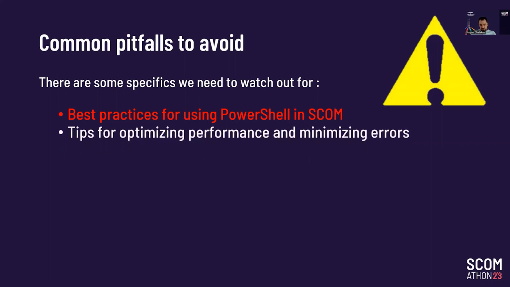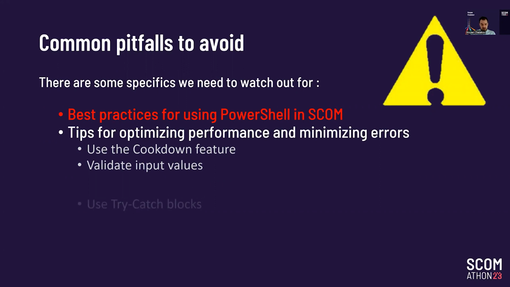Here are also some tips to optimize the performance of your PowerShell scripts within SCOM. So first, use the cooldown feature in order to reduce the number of times a script is run. Validate your input values to ensure they meet the expected criteria before processing them in the script.